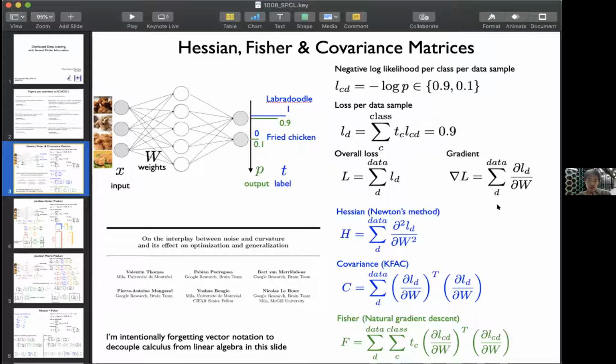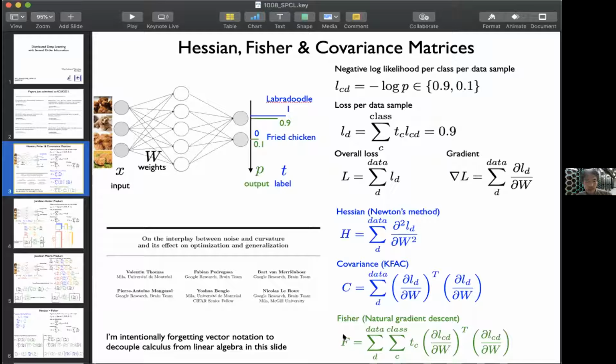And now, when you talk about second order methods, there are different variants. The first one you'd think of is Newton's method, which uses the Hessian. Also, you can use covariance matrices, which is done in the technique that we use called KFAC. Also, a more popular method in the theoretical machine learning community is the natural gradient descent, which uses the Fisher matrix.